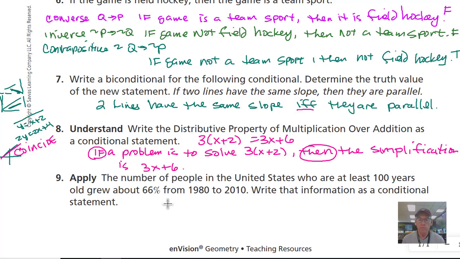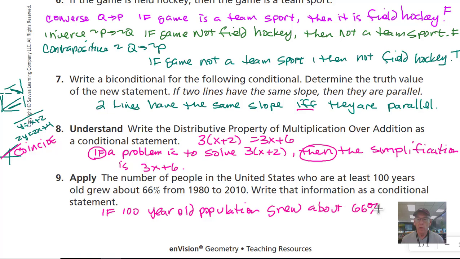Let's see, so if the 100-year-old population grew about 66% from 1980 to 2010, then, that's not going to work.